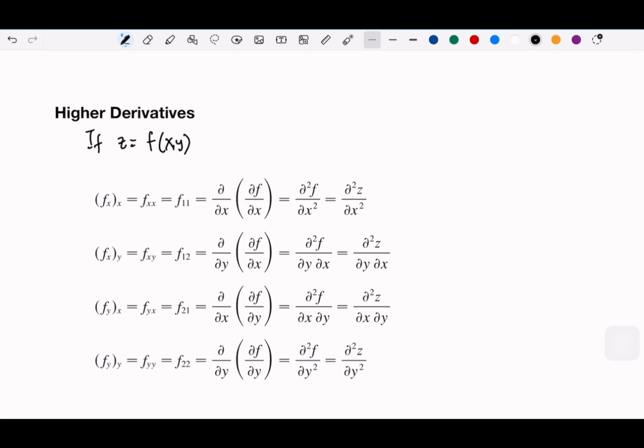And of course, if you have a higher order, maybe third derivative, it can be xxy, xyx, and every order that you can define. And if you have more than two variables, it can be xyz or xxy, xyz, and fourth derivatives. But again, the principles will stay the same. This will be the order in which you are going to derive your functions.